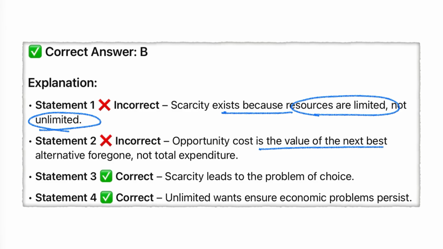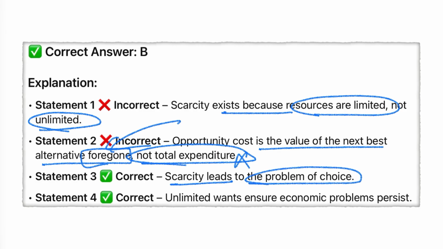Opportunity cost is the value of the next best alternative foregone and not expenditure. It's wrong. The third option is correct. Scarcity leads to the problem of choice. Right. Unlimited wants ensure economic problems persist. If you have lots of wants or lots of choices, then it can create problems in your mind. So this concept is related to microeconomics.